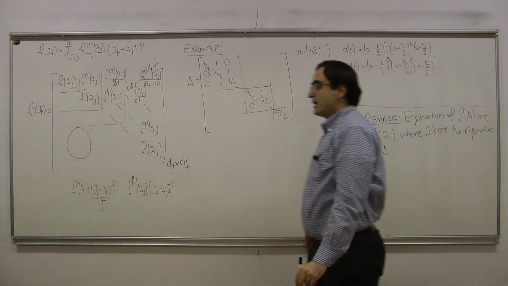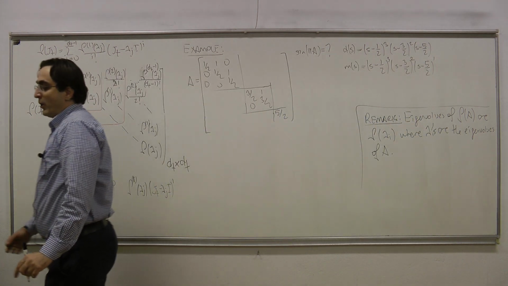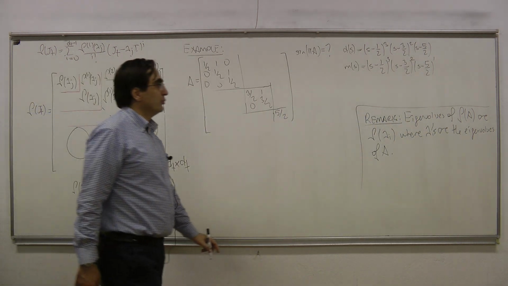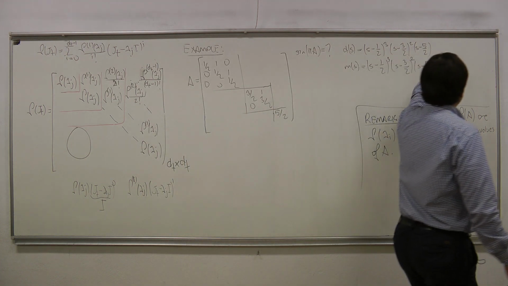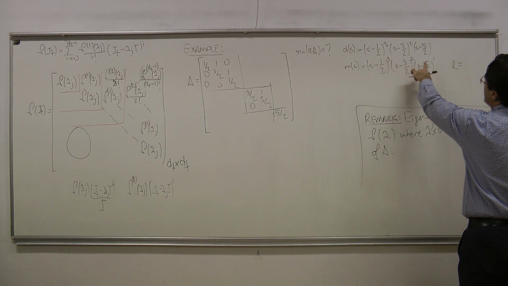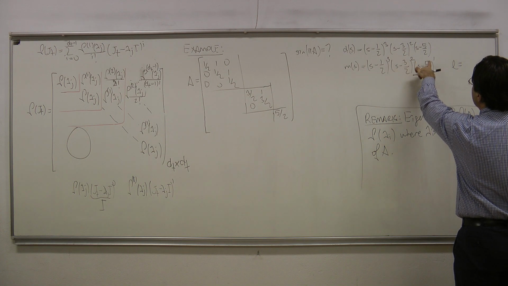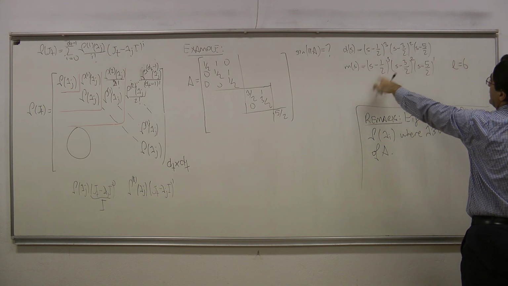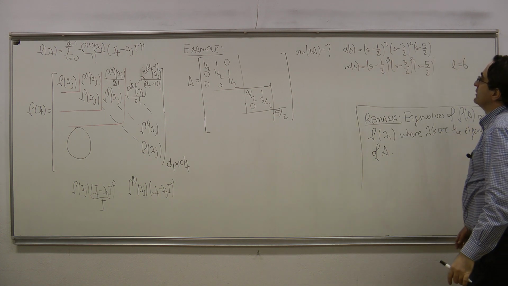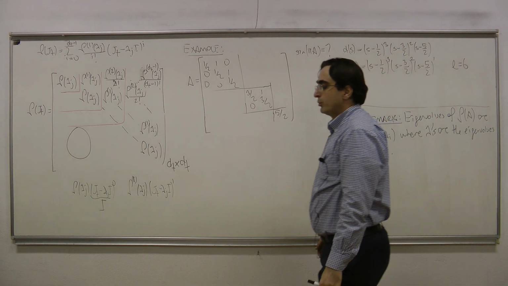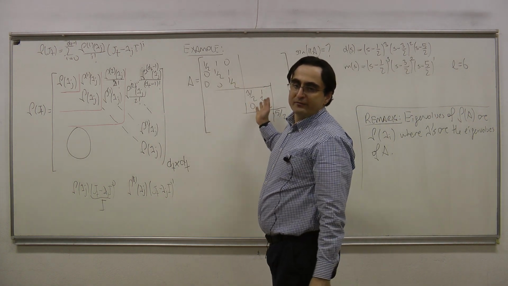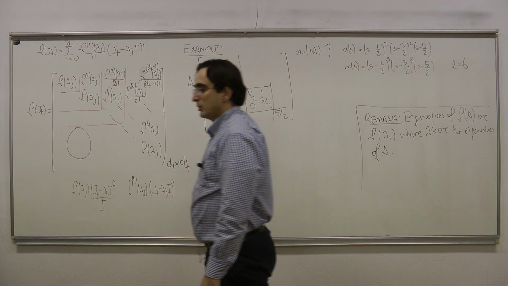So this is my minimal polynomial. What is the order of the minimal polynomial? It is L, the summation of these powers. In this case the minimal polynomial is equal to the characteristic polynomial, because for each eigenvalue I have only a single Jordan block.